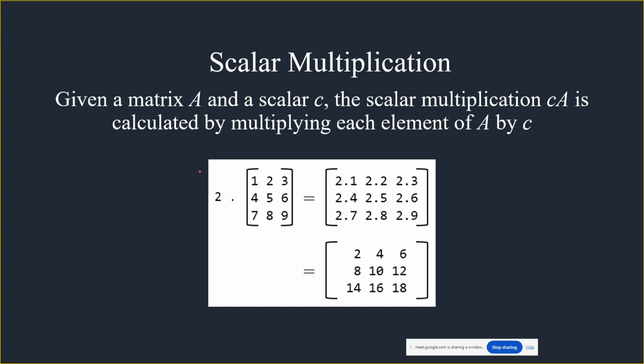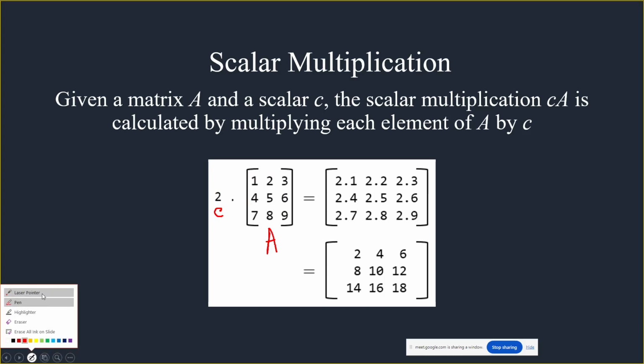If we are given a matrix and a scalar, think of this matrix as matrix A and a constant scalar value C. The scalar multiplication C multiplied by A is calculated by multiplying each element of A by C. Here the constant 2 is multiplied by each element in this matrix.